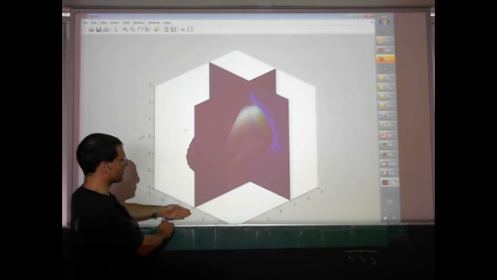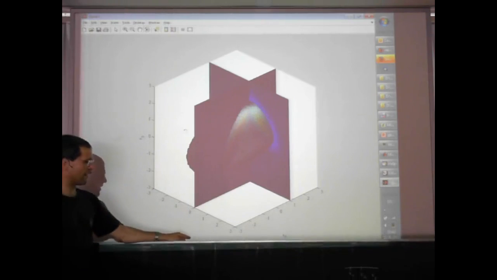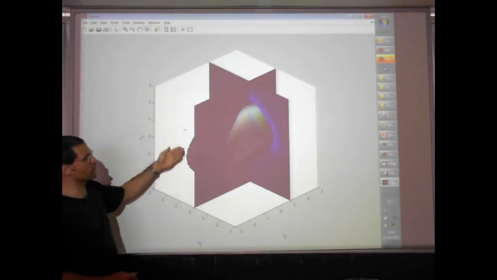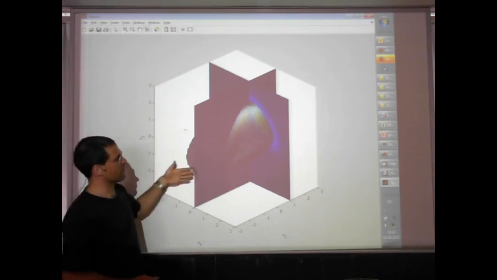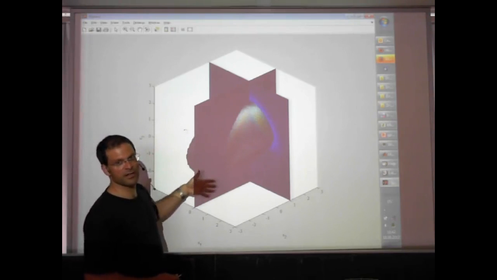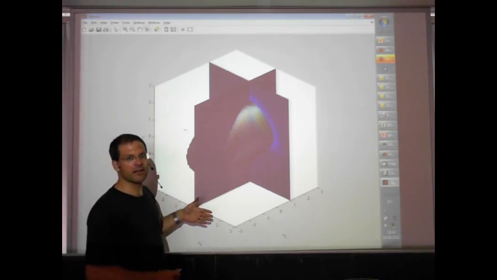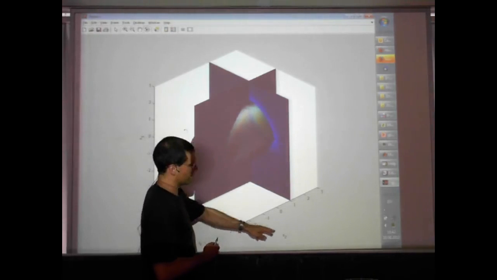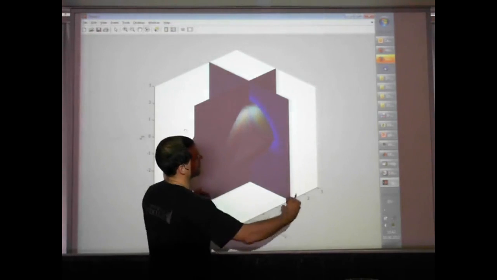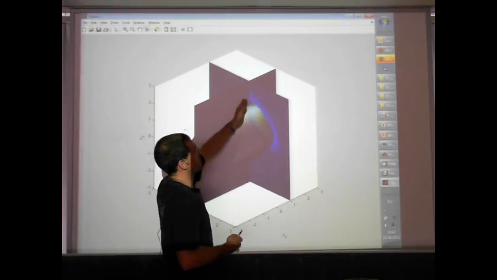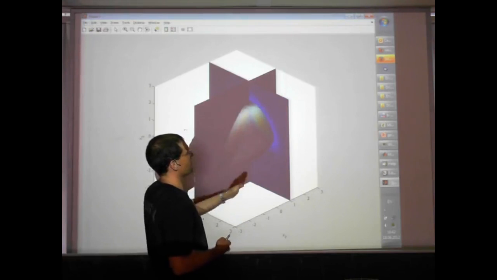So I'm conditioning on the fact that my variable x1 has been observed to be 0. I'm cutting my 3D Gaussian, and I'm left with just a 2D Gaussian that lives in this plane. And now I am, in addition, conditioning on the fact that x2 has the value 1. So I'm cutting another plane, and I'm left with just a single degree of freedom where these 2 planes coincide.